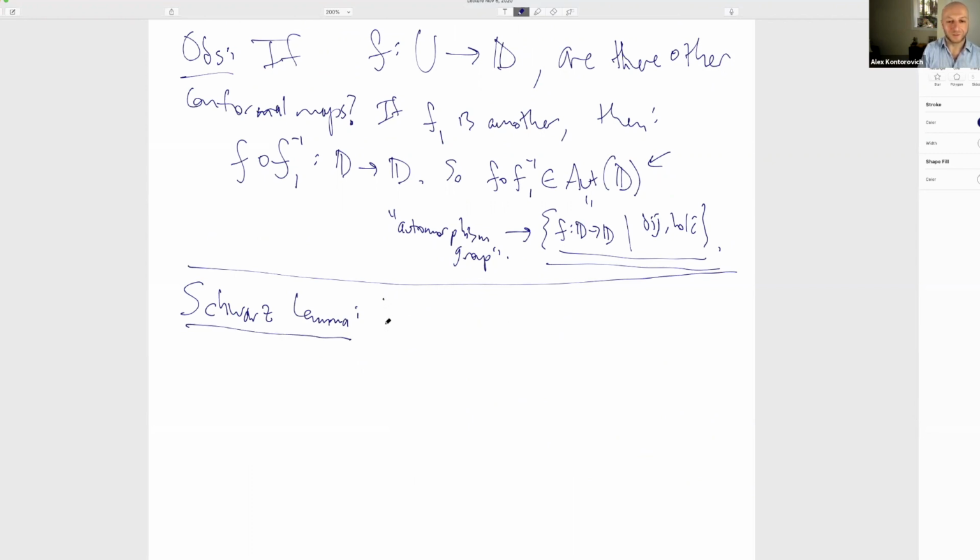It says the following: let f be a function from the disk to the disk, but I don't assume yet that it's bijective. All I assume is that the image is inside the disk and that it's holomorphic, not yet necessarily conformal.